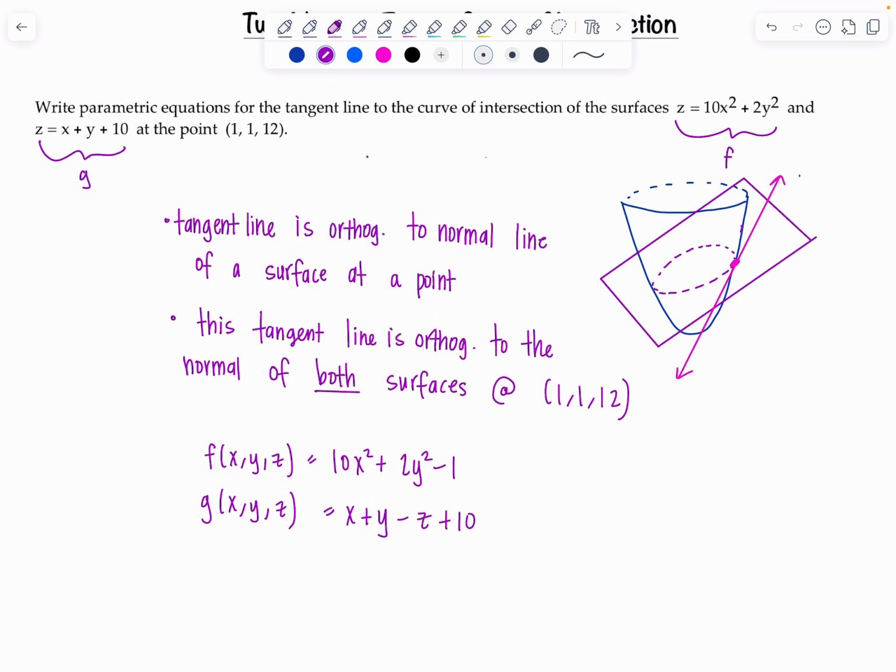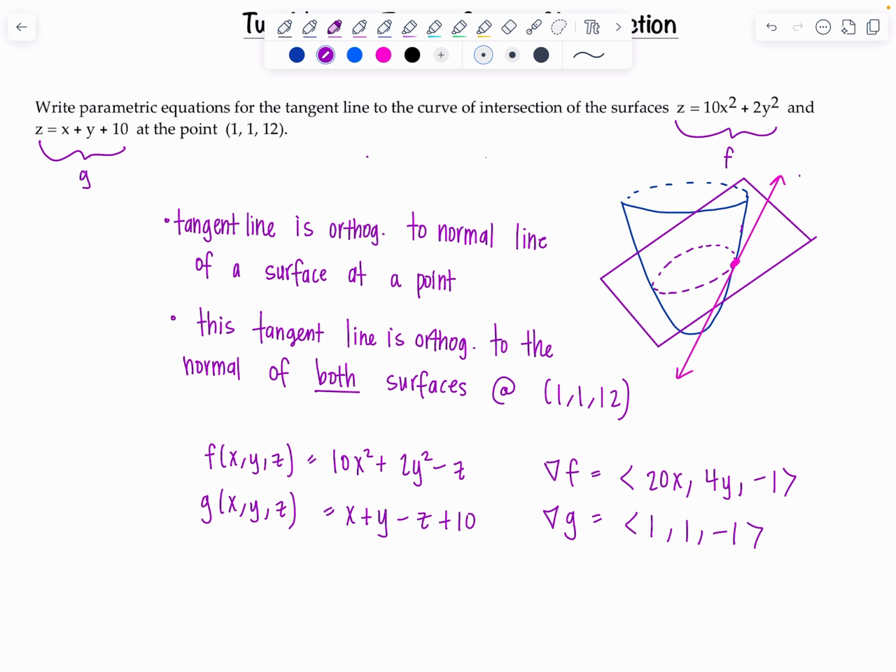To get the normal to each of the surfaces, I would look at the gradient of each. We can compute that, no big deal. That's (20x, 4y, and did I miss a z? I sure did. Heavens to Betsy. This is minus z, not minus 1. You were screaming at me through the screen? I know, I'm so sorry. (20x, 4y, -1). And for g, (1, 1, -1). Okay.